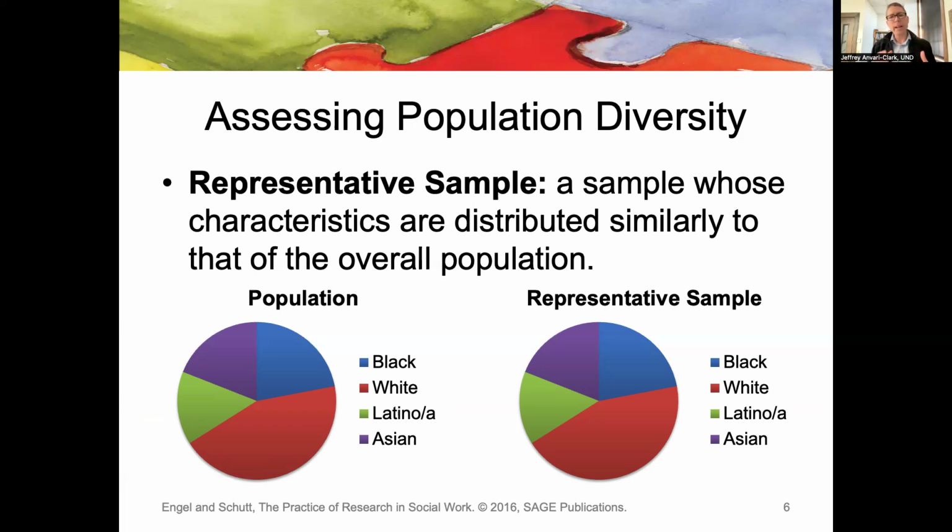So we want to have a representative sample, usually, but not often. When we have this representation, we know within our population that, say, about 70% are white, maybe about 20% are black, maybe about 15% are Latino, and then maybe another 18% are Asian.